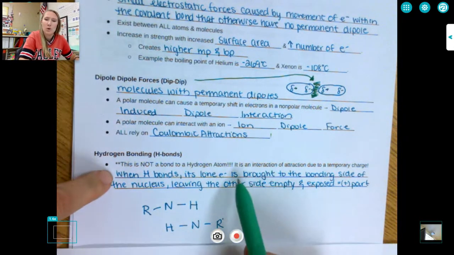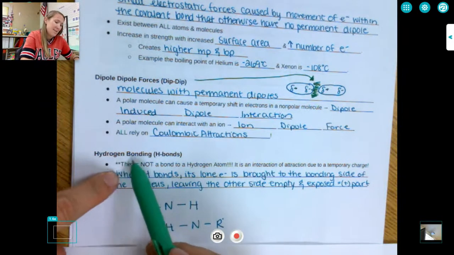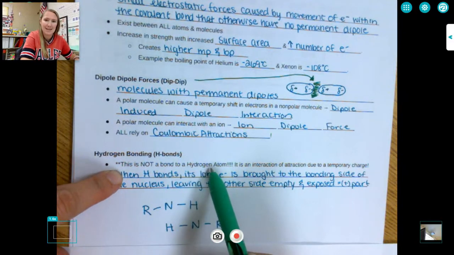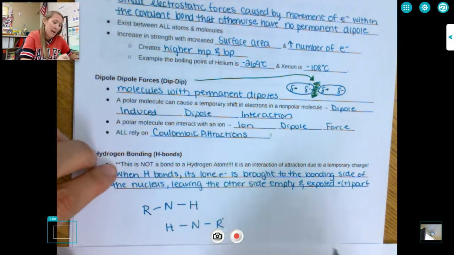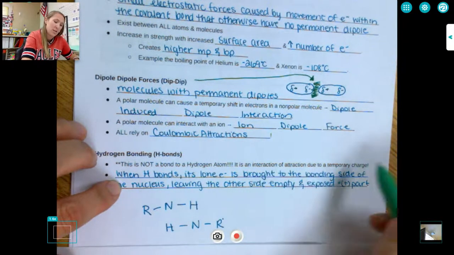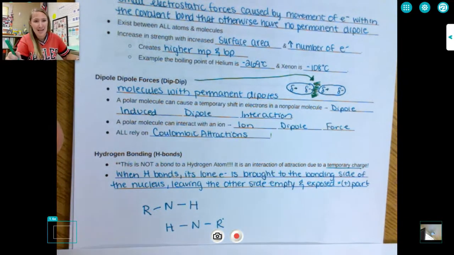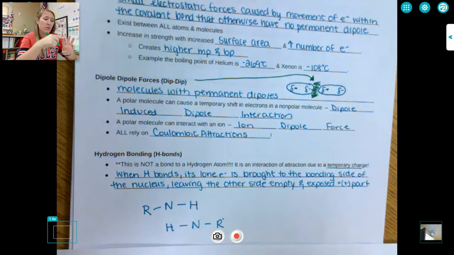Now, it's a misnomer because chemistry likes to be confusing sometimes. This is not an actual bond to hydrogen atoms, right? No bonding to hydrogen atoms is this phenomenon. However, it's an interaction of attraction due to this temporary charge because hydrogen is really not electronegative, whereas the three atoms that it likes to bond with, fluorine, oxygen, and nitrogen, are very electronegative.